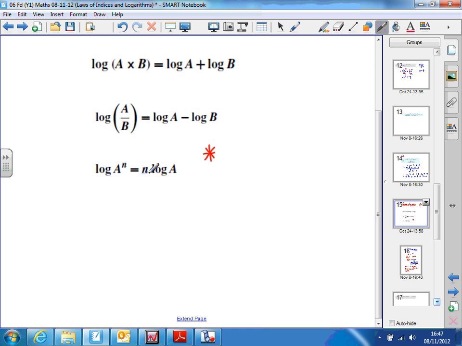That's the real use of these logarithms, and we're going to use almost exclusively this law of logarithms, although we'll find these first two come in as well when we're trying to simplify things. But the real power of these logarithms is in this third law. So let's look at an example of how that can be useful.